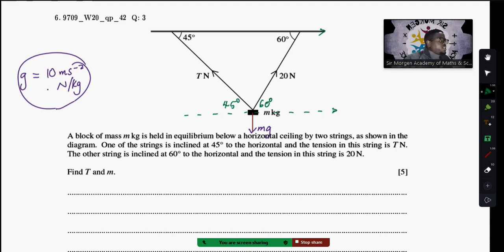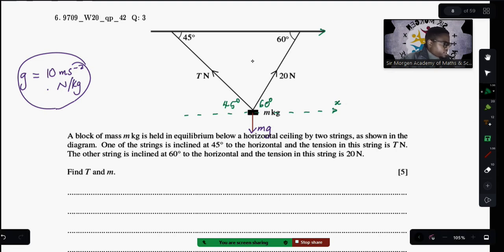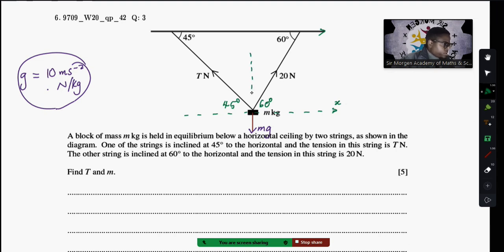Now if you look at the T newton force in relation to our vertical axis and the horizontal axis, with the x-axis here and the y-axis here, you can see that the vertical component of T will be T sine 45 degrees, and the horizontal component will be T cos 45 degrees.